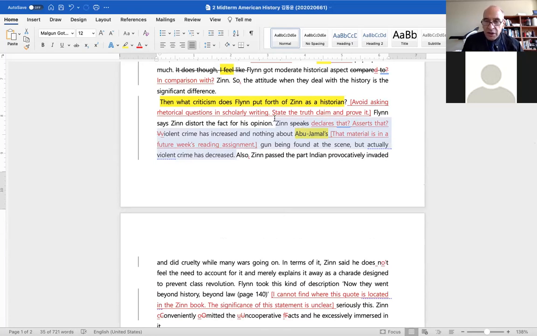Flynn's article was published in 2003, so it's already 18 years old. When Zinn was writing or updating his book, crime was a serious problem in New York City and other big American cities.